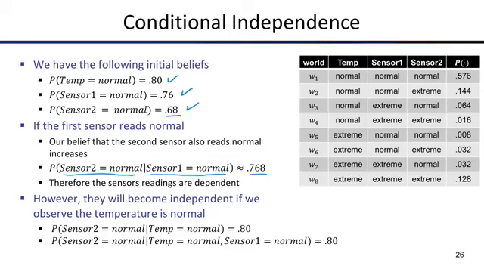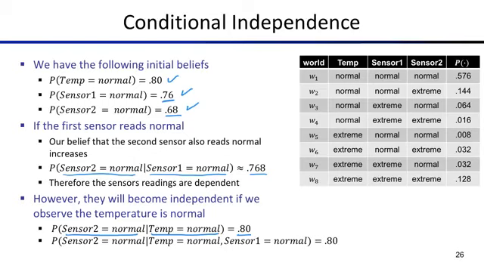So let's now look at one different setting here. Let's suppose that now I know the temperature, and the temperature is normal. Okay, so the probability of sensor 2 being normal will be 0.8. So it increased from here. It was 0.76. Now I know the temperature is normal. It increased a little bit. It went to 0.8.